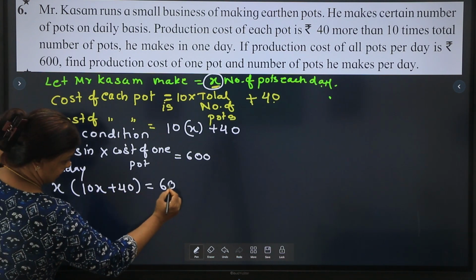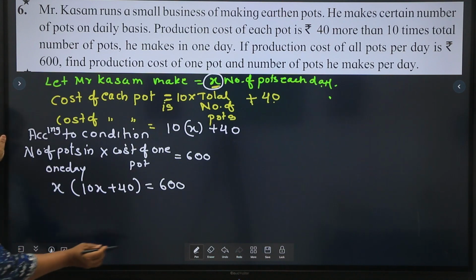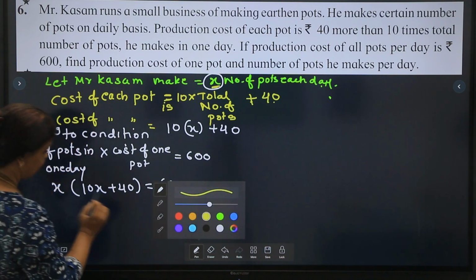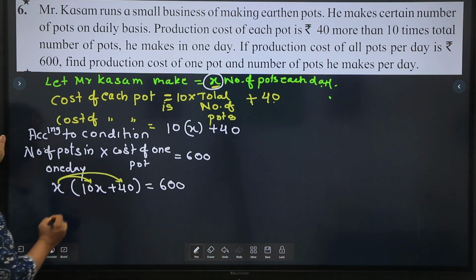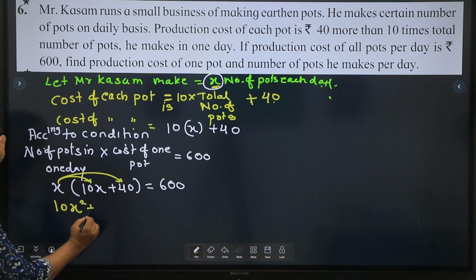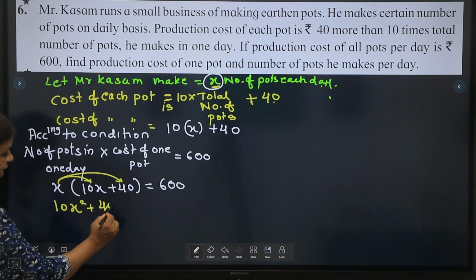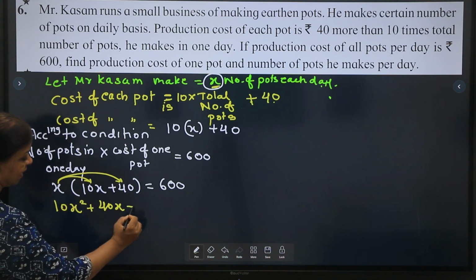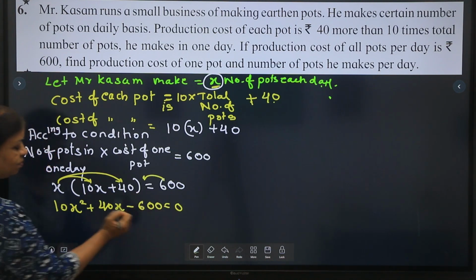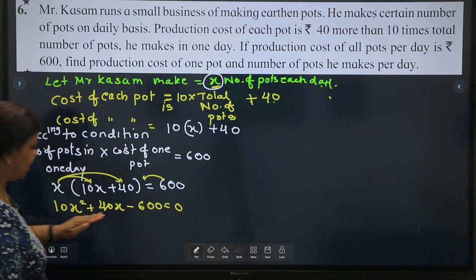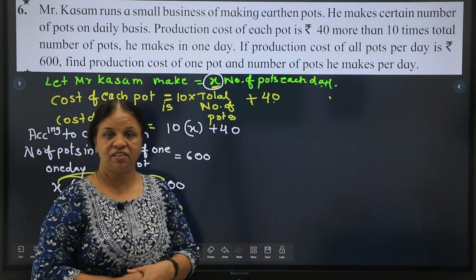Number of pots in one day is X and cost of one pot is 10x plus 40, which is equal to 600. Now see children, X will multiply with everything inside. Yes, we will get 10x square plus 40x minus 600. 600 will move this side and it will become minus, and this entire equation can be divided by 10, children.